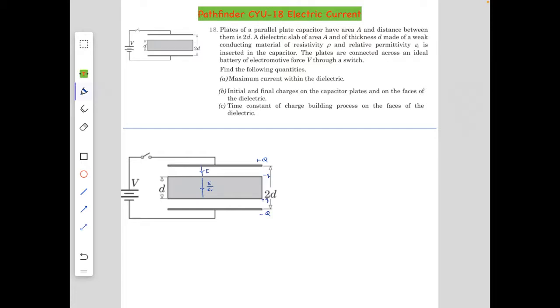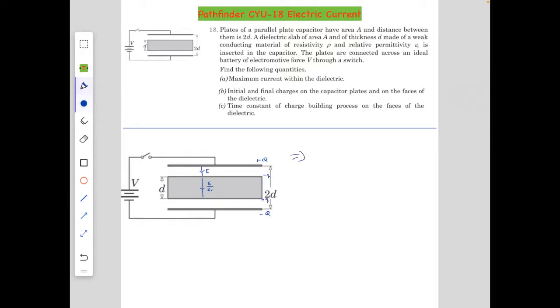So basically, for the first part, we can clearly see that the maximum current will be at the initial moment only. As time increases, it will tend towards zero, and finally at t equals infinity, the current will be zero. So to find the maximum current, we consider that an electric field E is there in the region where there is no dielectric, and in the region of the dielectric, the electric field will be E over epsilon r.